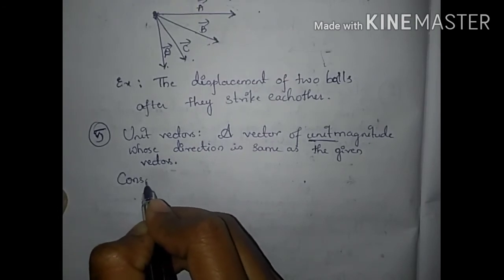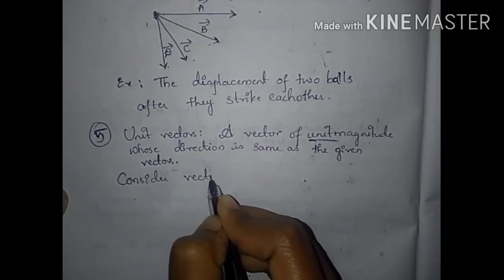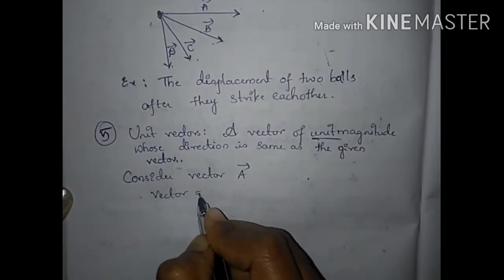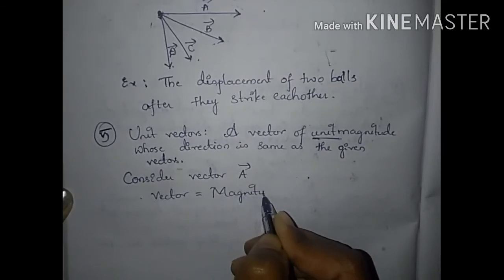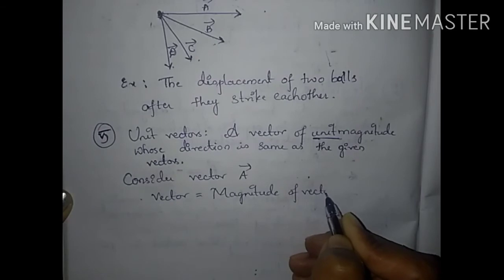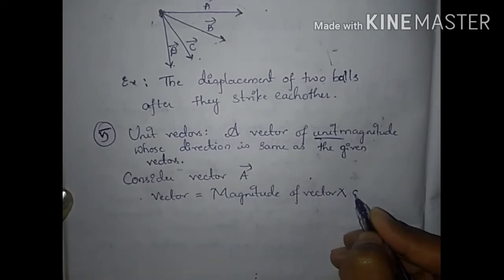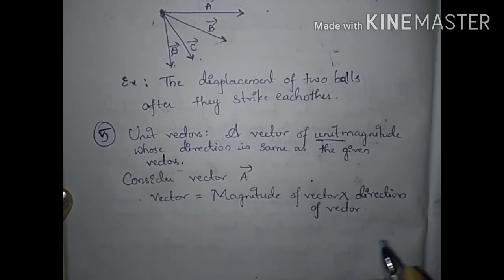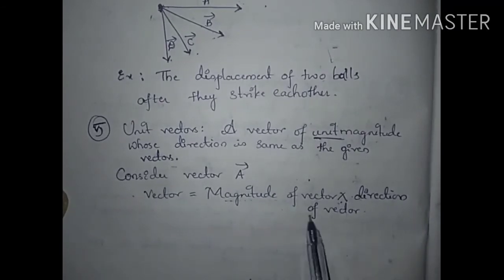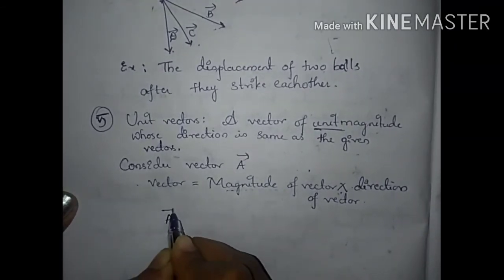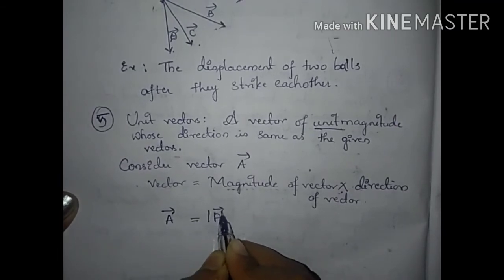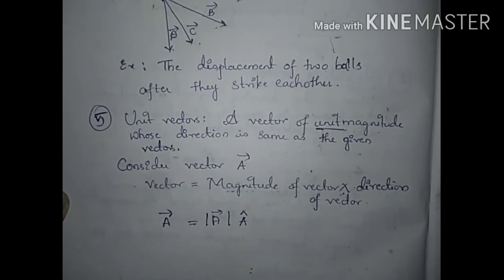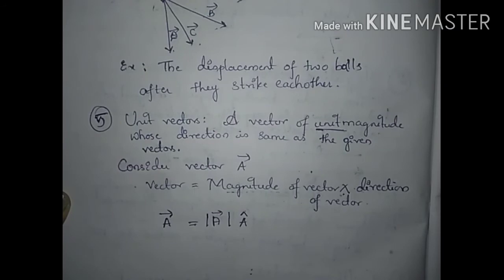Consider you have a vector A. This vector can be written as vector equals magnitude of vector multiplied by direction of vector. So vector A equals magnitude of A multiplied by the direction. Here A is read as A cap.